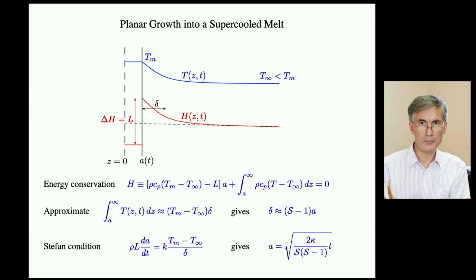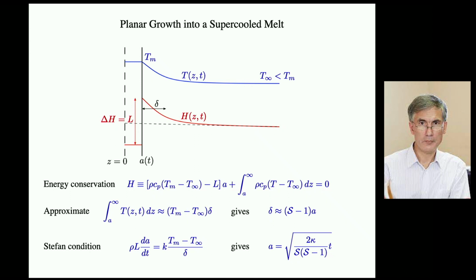And then because this is solid, and I'm taking as my reference the heat content of the liquid at infinity, I need to subtract the latent heat to turn it into solid. So this is the heat content of the solid region up to A of t. And then I need the integral, the heat underneath here. The heat is the integral of the sensible heat, rho Cp times the temperature difference over there.